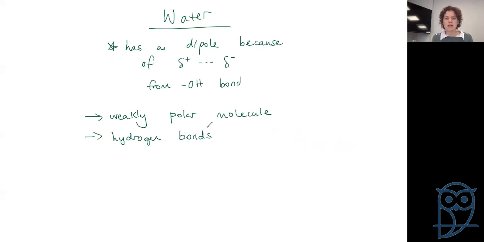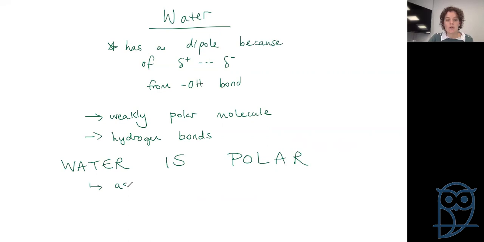But also remember that we've said that opposites attract. Okay, so plus to minus when you have polar. When you have polar versus non-polar, we have avoidance. So water is polar. It can associate with other polar molecules.